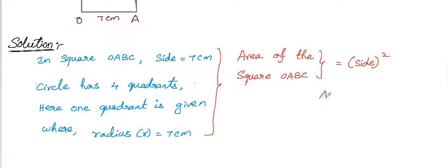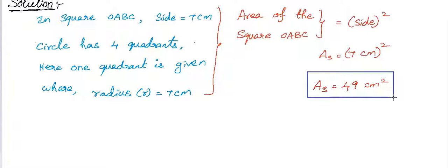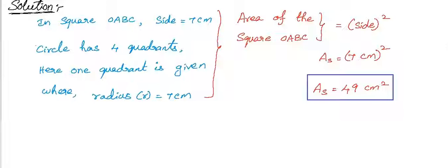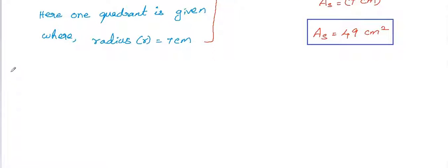So the area of the square OABC is 49 centimeter square.